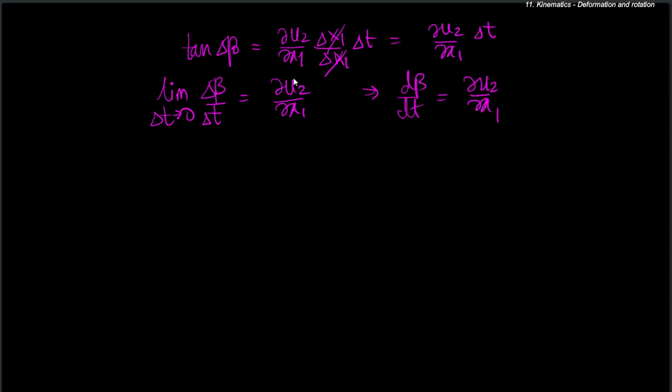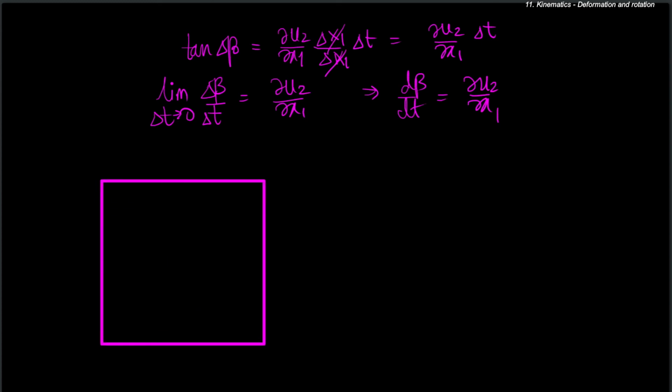So given a cube like this, we know that after deformation this particular angle is d alpha dt, and this particular angle is d beta dt.